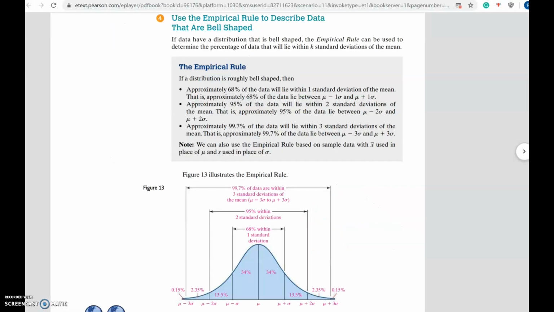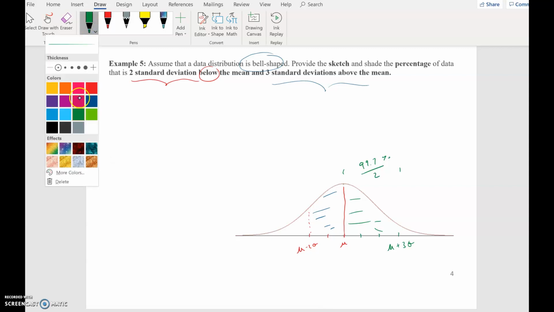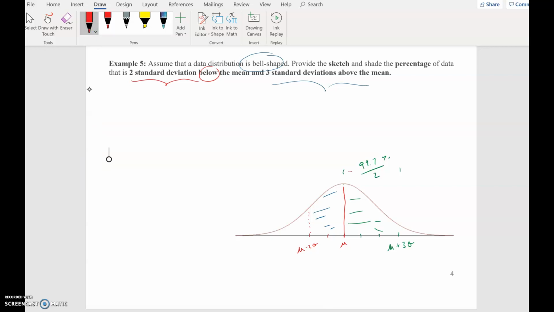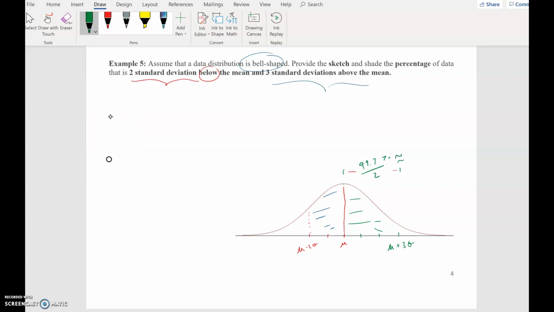Now, if we were talking about a total of 3 standard deviations, in this case, that would be your 99.7. So this portion here is going to be your 99.7 percentage divided by 2. That's going to be half of the distance between mu to a total of 3 standard deviations above the mean.